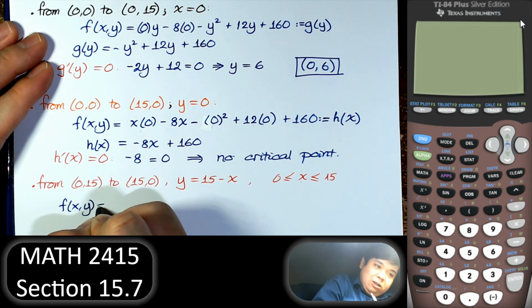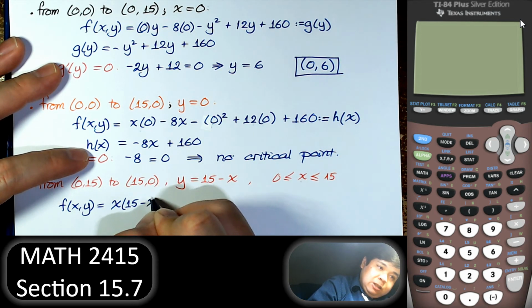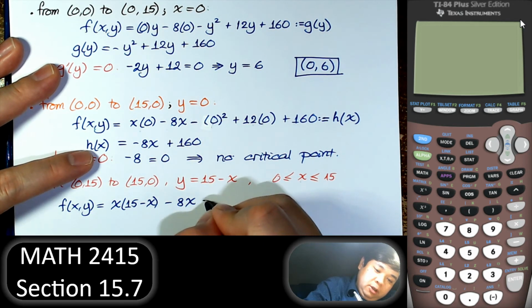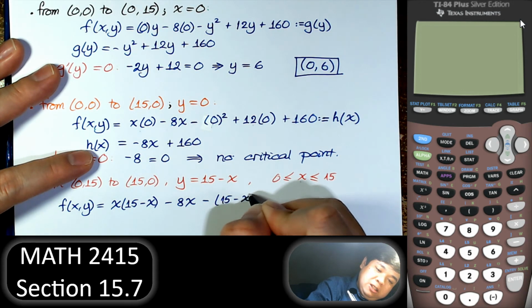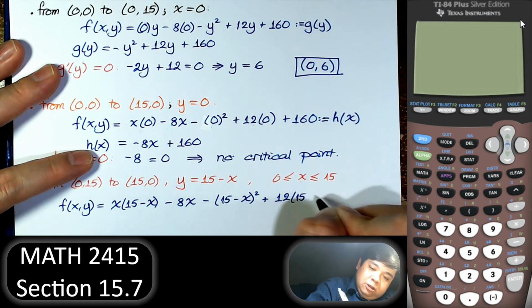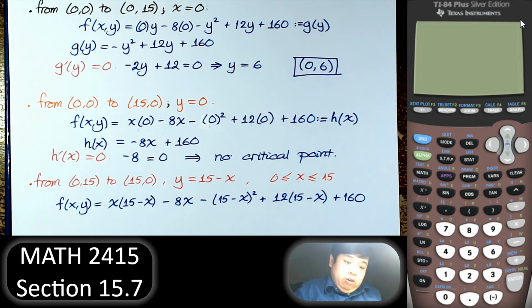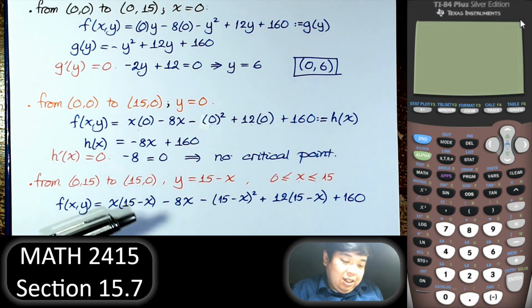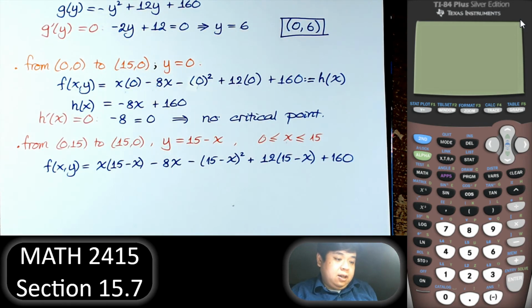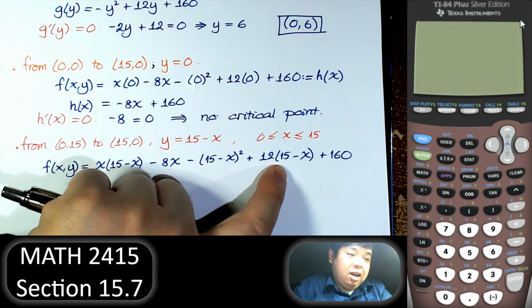So the function with x still x, y is 15 minus x, which happens to be on that line. So we substitute that in for y.